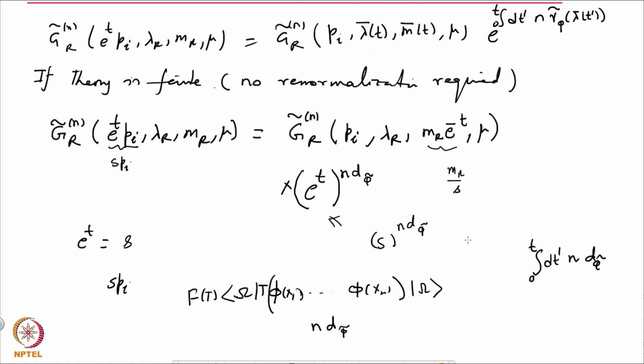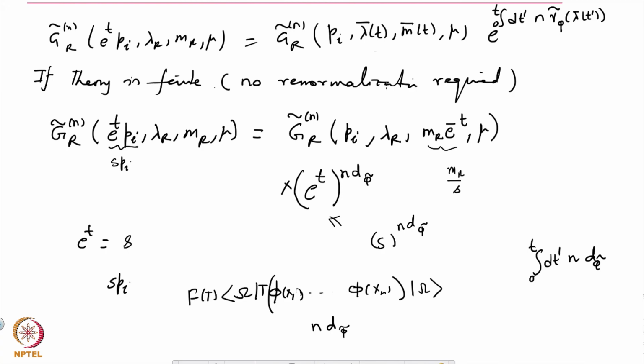But this naive scaling based on these canonical dimensions is modified, okay, because of the fact that you have this anomalous dimension and beta function non-zero, okay, because you require renormalization, and it is because of that effect that this naive scaling is modified to what you have here in the full expression.